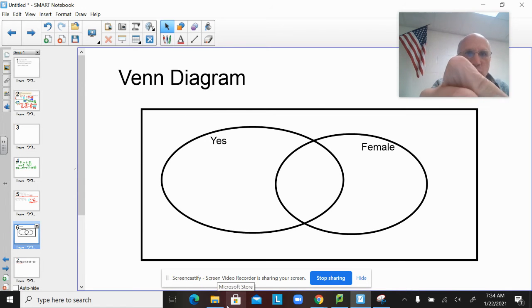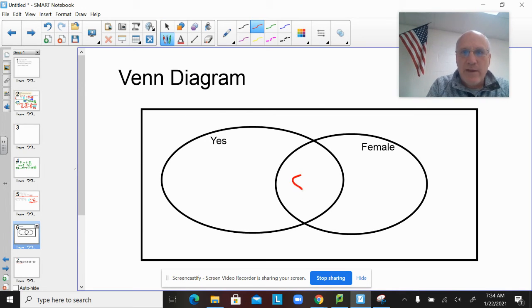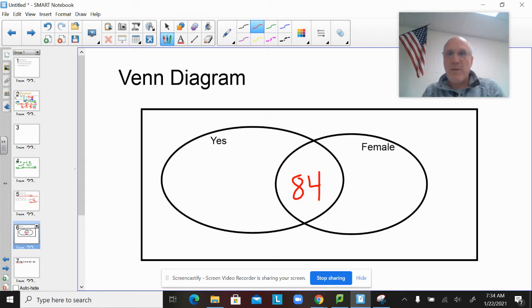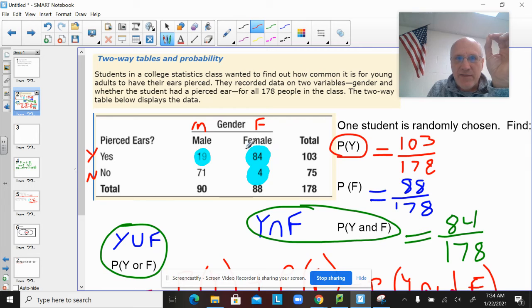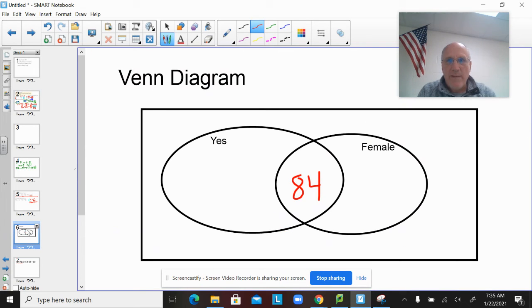There are 84 people who are both female and yes. That's that right there. Now the question goes, what number do I put here? I don't want the total female number there. The total female number would be the entirety of that female circle, which includes that 84.